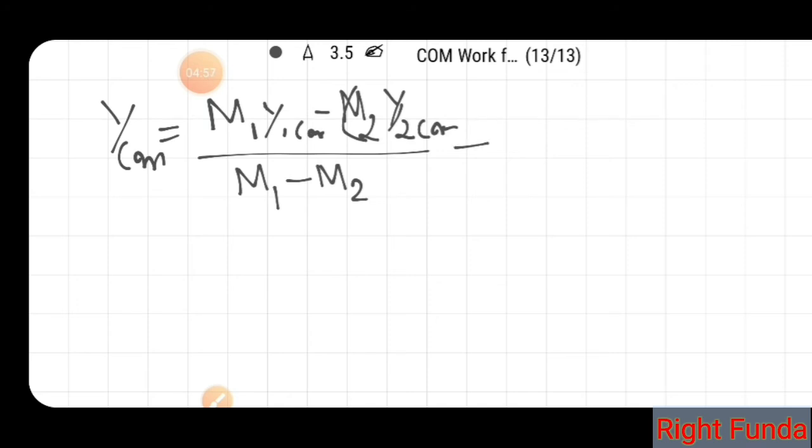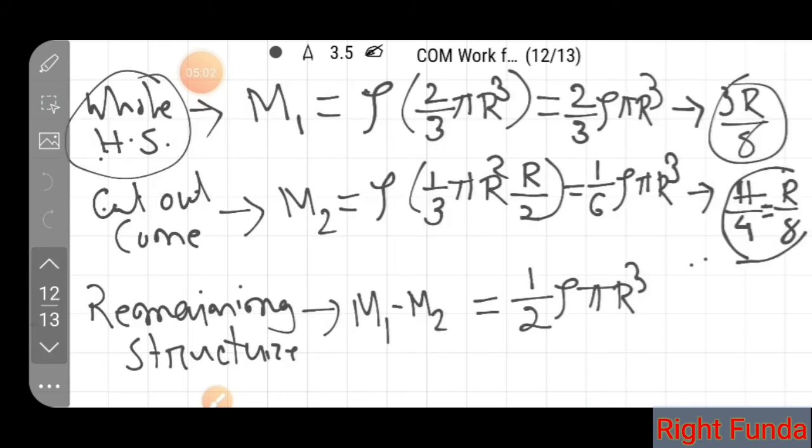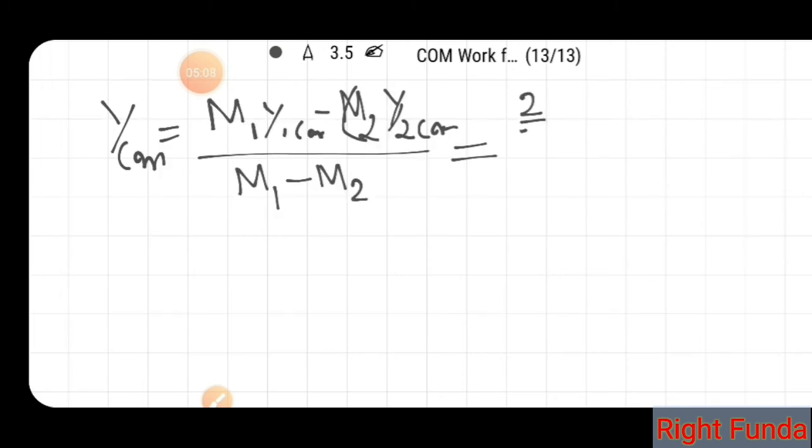So as we have calculated, put the values in the last one. m1 is equal to 2 by 3 rho pi r cube and 3r by 8. We'll have 2 by 3 rho pi r cube into 3r by 8 for the solid hemisphere, minus this cone.